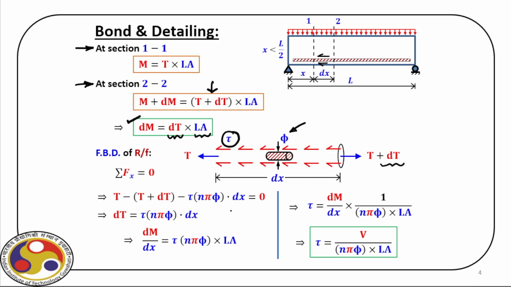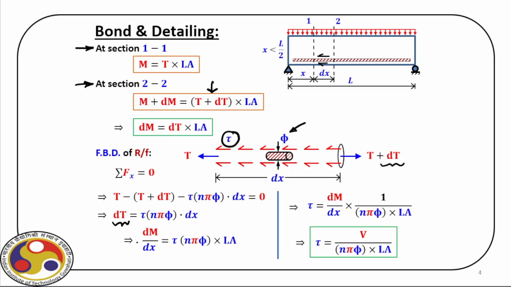If that is the case, the change in this force over the rebars between section 1,1 and 2,2 is nothing but tau times n pi phi times dx. Now, we have already evaluated the quantity dM in terms of dT. It is dT times LA.